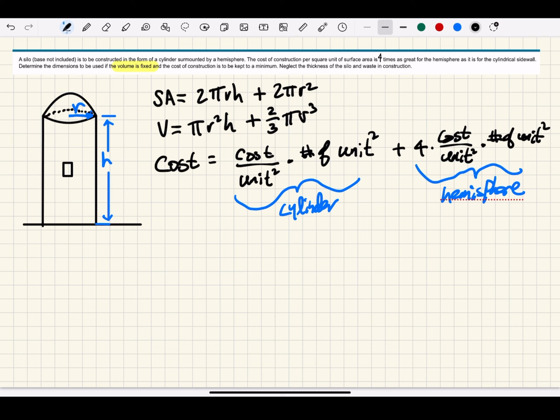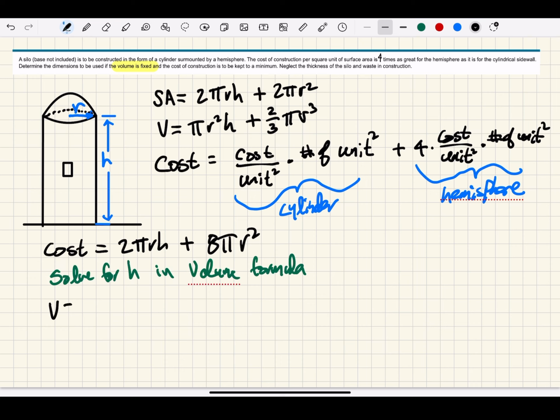So an expression for this cost would be 2 pi r h plus 8 pi r squared. So our cost is expressed in terms of two variables, the radius and the height. We need to express this in one variable. We could begin by solving for h in the volume formula.